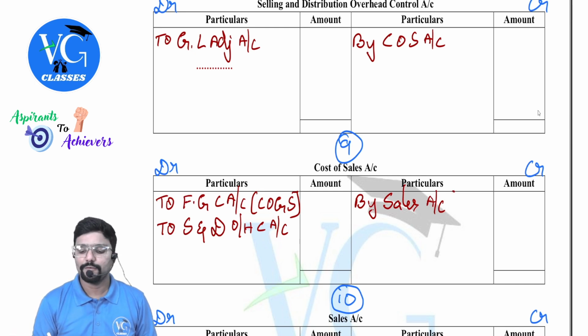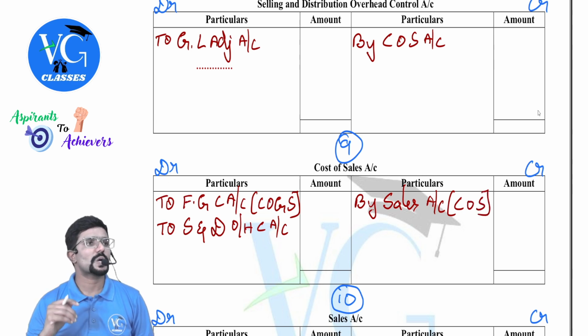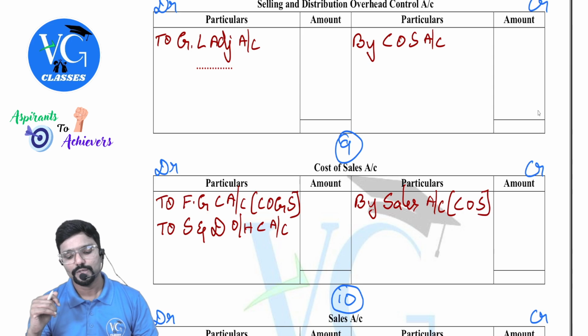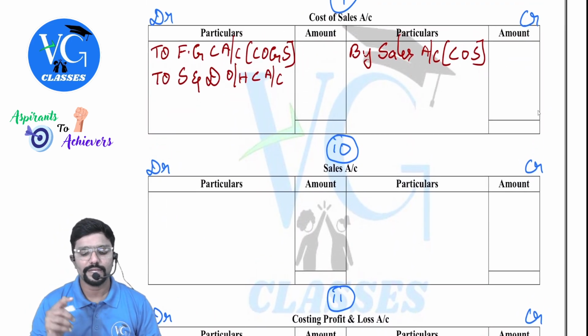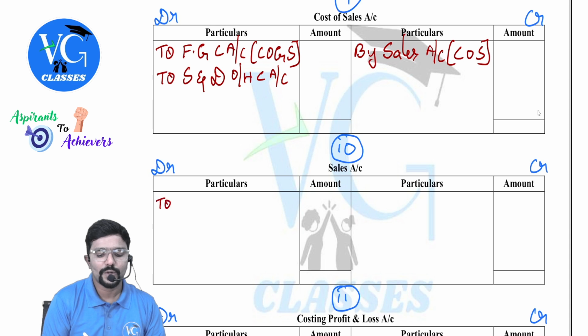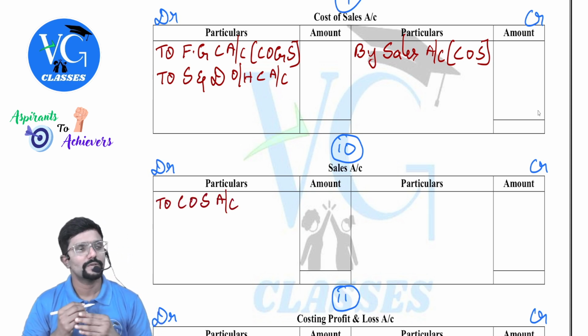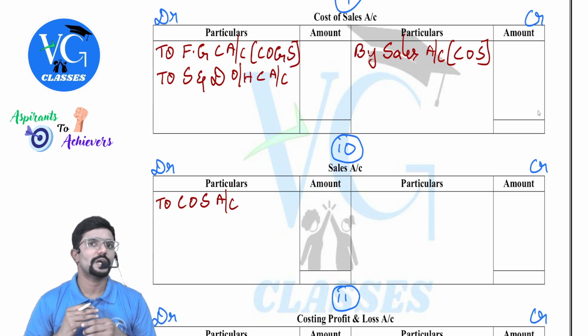The name of this is cost of sales, and the amount is called cost of sales. Go and receive it in sales account, to cost of sales account.